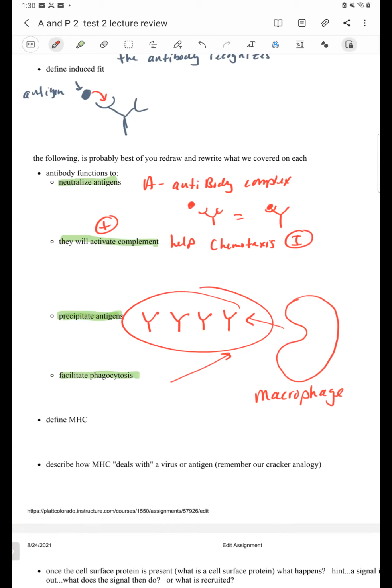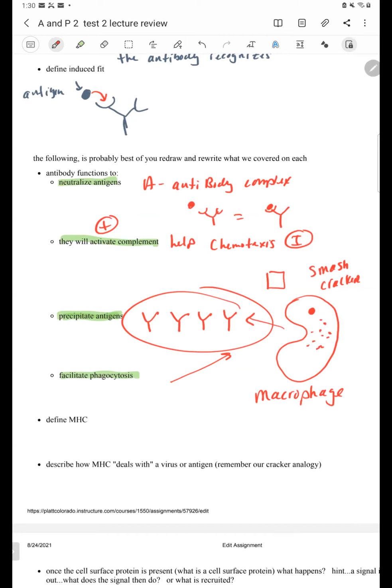Okay, the antigen is broken off. If you remember our analogy, if you're given a saltine cracker, which is basically a perfect square, and you smash it, you're going to break it down into a bunch of pieces.